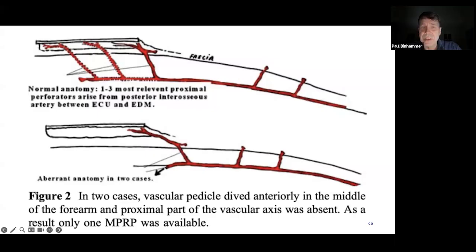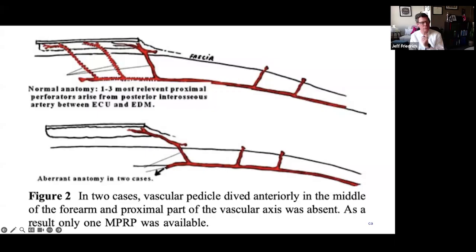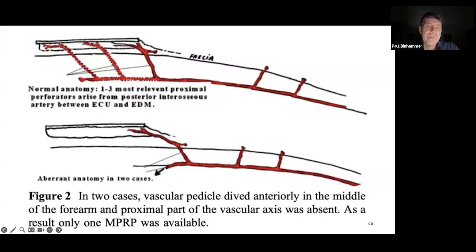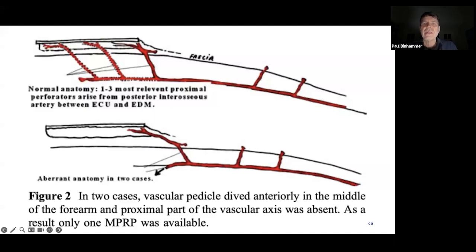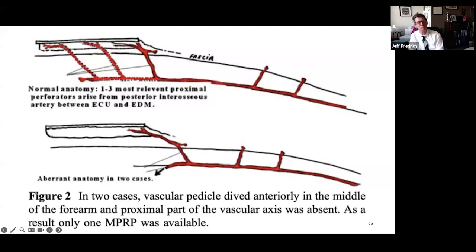In particular, I love this flap for tight web spaces. The reason why is that when you turn the flap, it lines up in the right direction and you can fold it over. If you're creating a web space where there was none and you have to really fold the flap on top of itself to fill that web space with fat, you can do it with this flap.